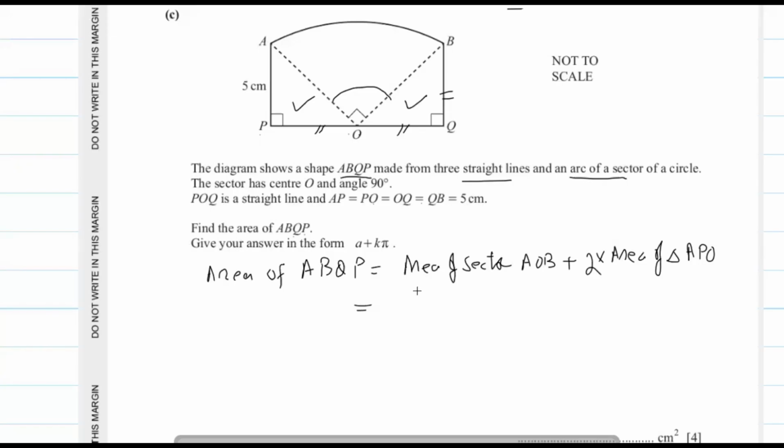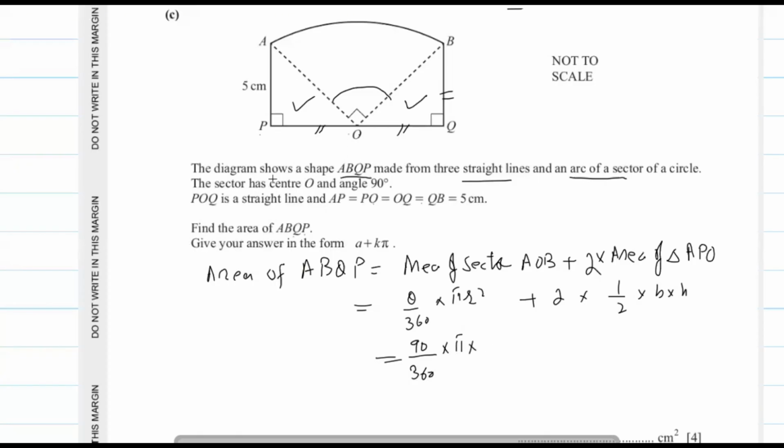Now the area of sector equal to theta over 360 multiply pi r square, and the area of APO will be 1 over 2 base into height. Here the angle here is 90 degree. This is area of sector, angle is 90 over 360 multiply pi multiply r square.